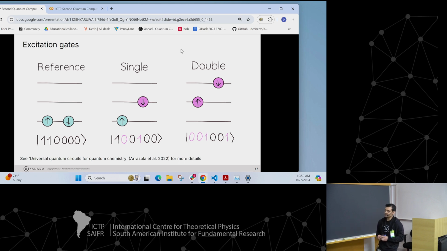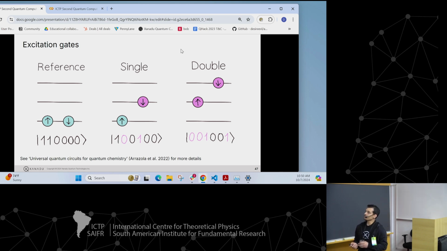These excitation gates are very important because when you do this kind of operation where you, for example, promote an electron from one spin orbital to another, you need to make sure that your operation is preserving the number of electrons. If you're not careful, you might make an electron disappear from your molecule and you're no longer solving the same problem that you think you're solving.